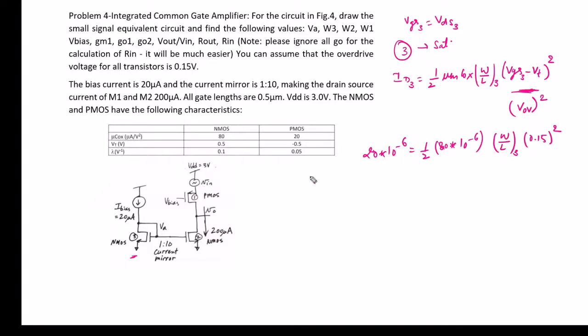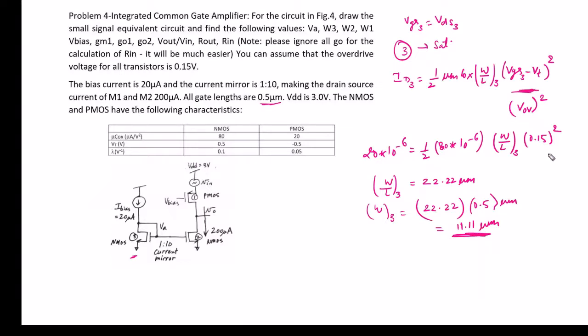So from this equation we can calculate W by L3 as 22.22, and the length of the transistor is 0.5 micrometer. So we can calculate the width of the third transistor as 22.22 into 0.5 micrometer. So it will be equal to 11.11 micrometers. So the width of the third transistor is equal to 11.11 micrometer.